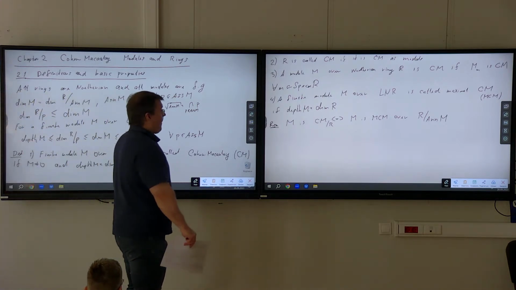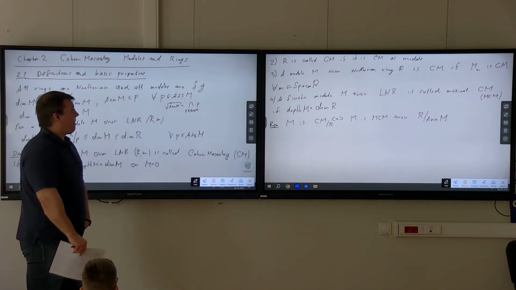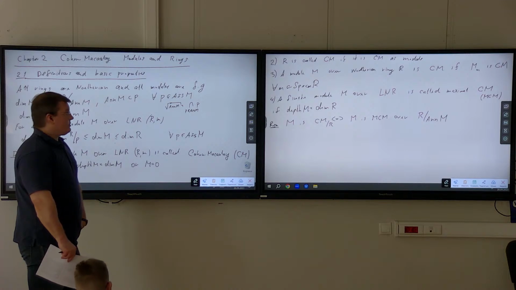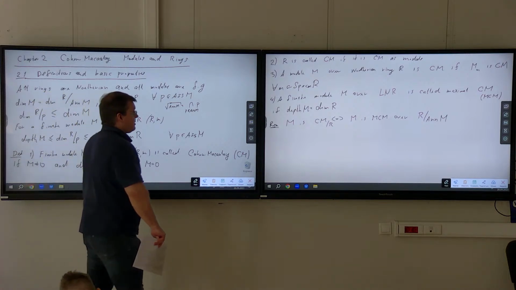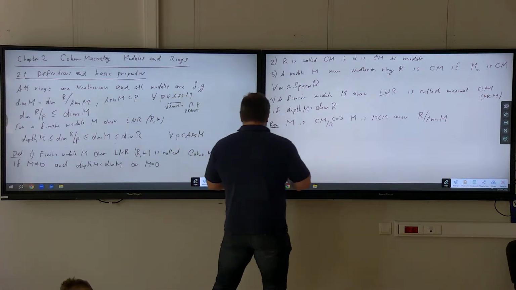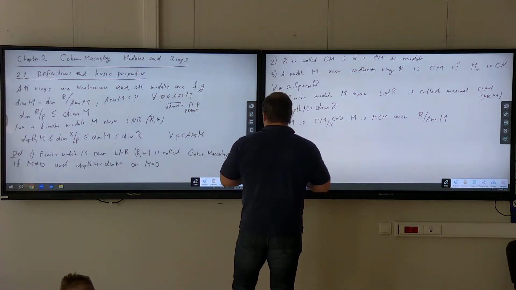And the definition of maximal Cohen-Macaulay over any ring is the same as requiring all the localizations to be maximal Cohen-Macaulay.